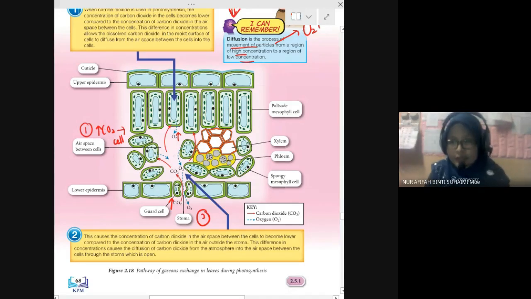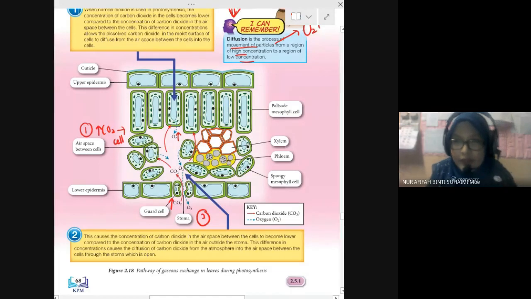Second, when the carbon dioxide becomes lower and lower inside, the concentration of carbon dioxide outside the leaf becomes higher compared to inside the leaf because it has already diffused into the cell.